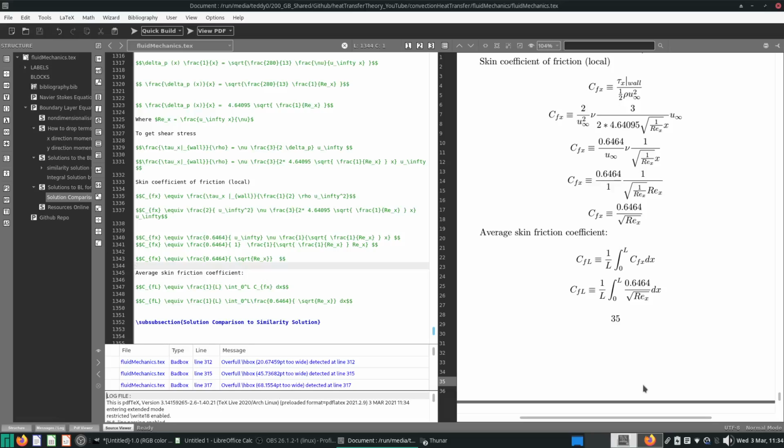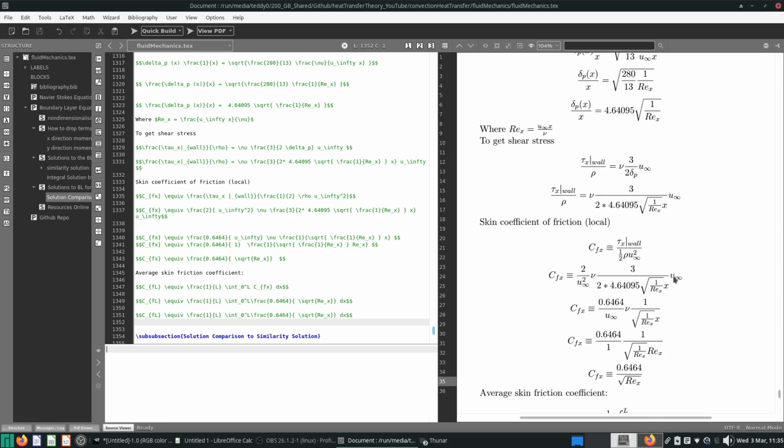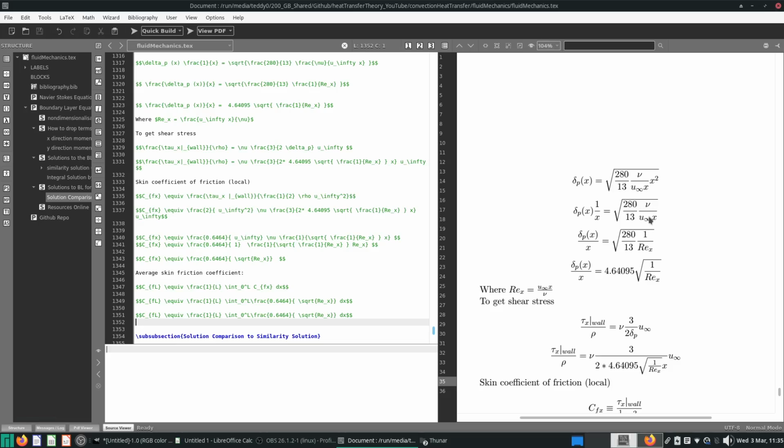And hello, welcome back. So in the last video we were talking about integrating this skin friction coefficient. Let's see what we can do to have this integral done properly. Okay, so what's Rex again? We have to substitute back our original equation.